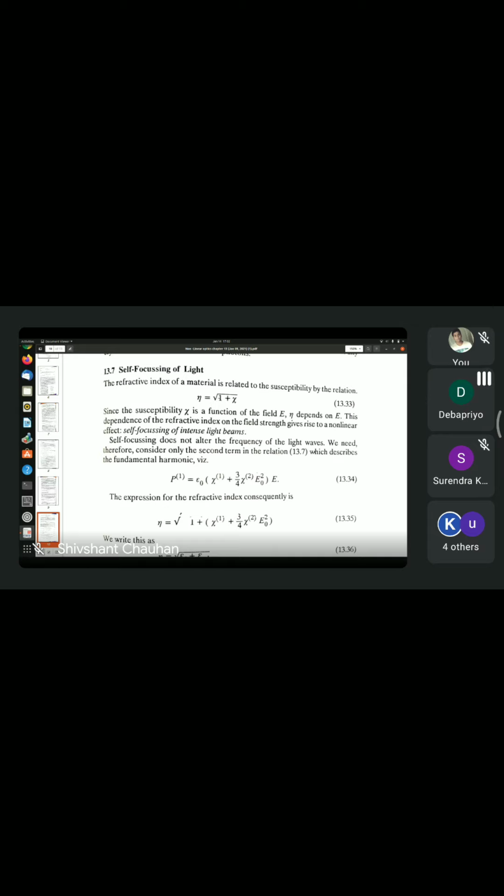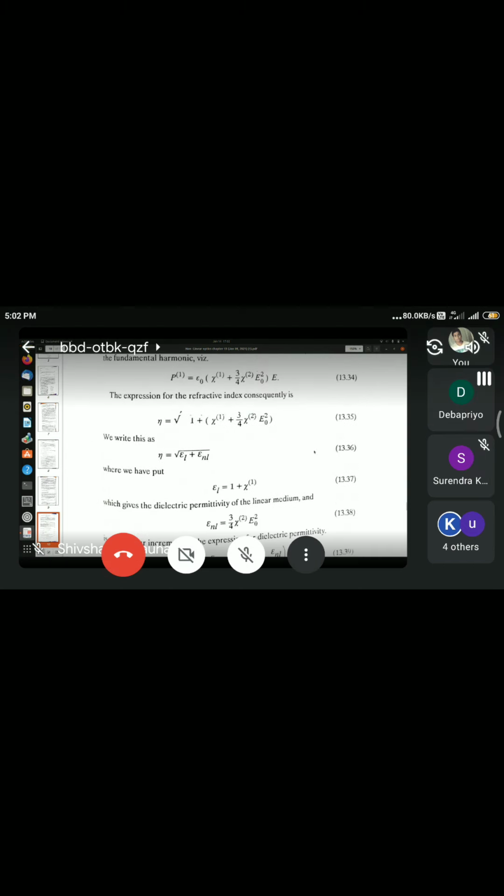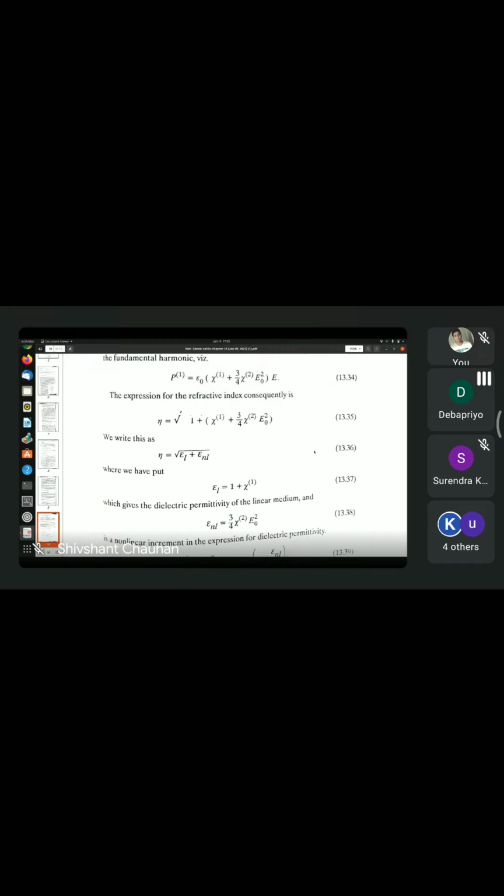Now in writing the equation 13.36, just scroll down. Yeah, what is meant by epsilon L is actually epsilon by epsilon 0, because the refractive index goes as square root of the permittivity, square root of epsilon.